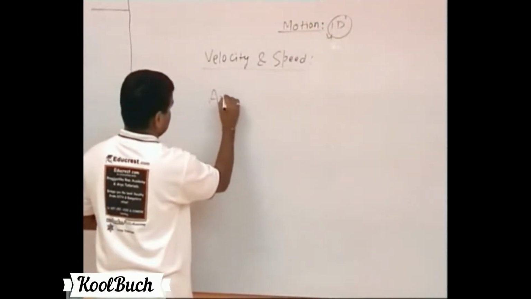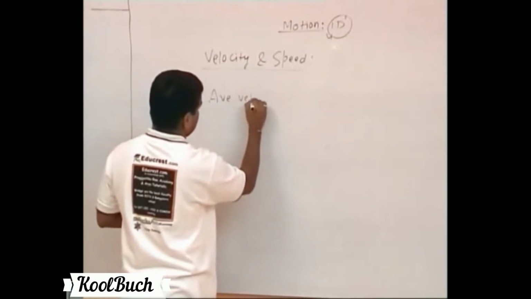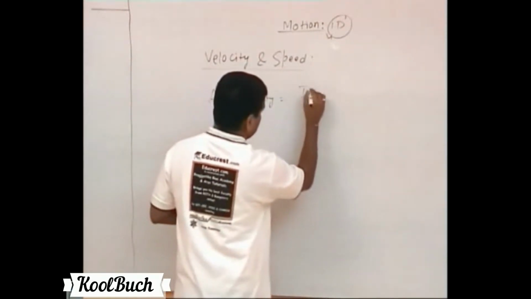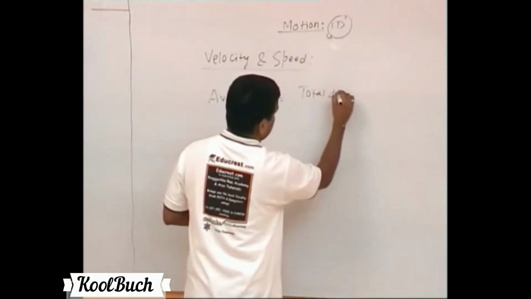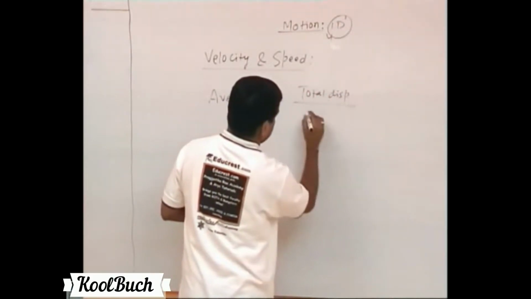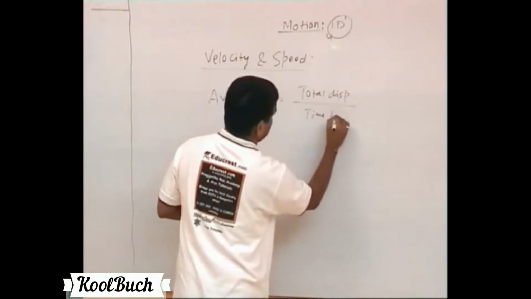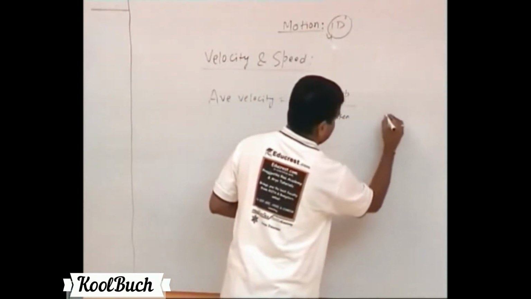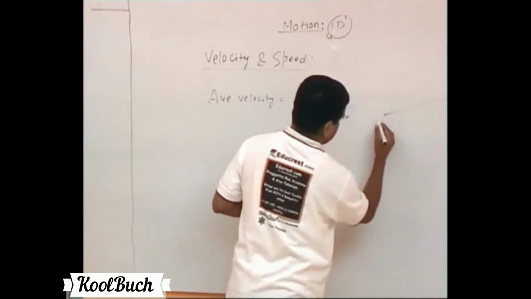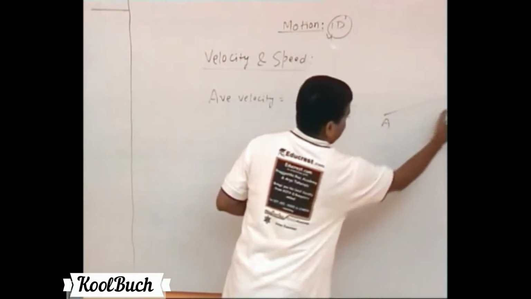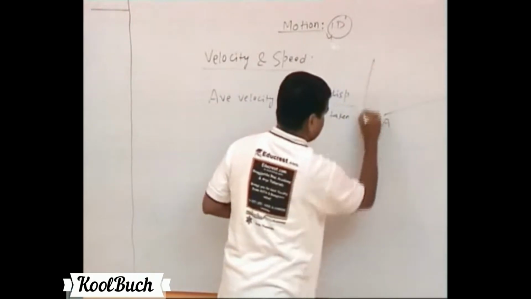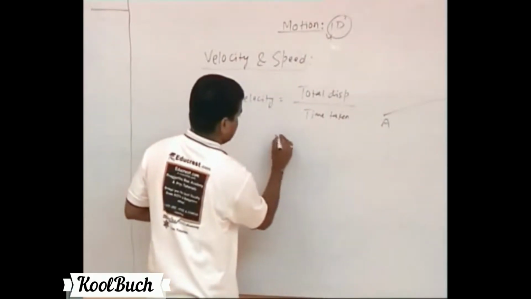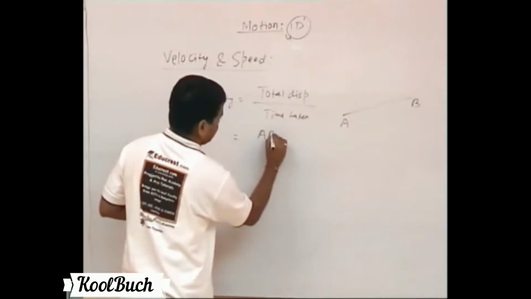So we write average velocity equals total displacement by time taken. So for example, again let's say A and B. So the total displacement is AB.